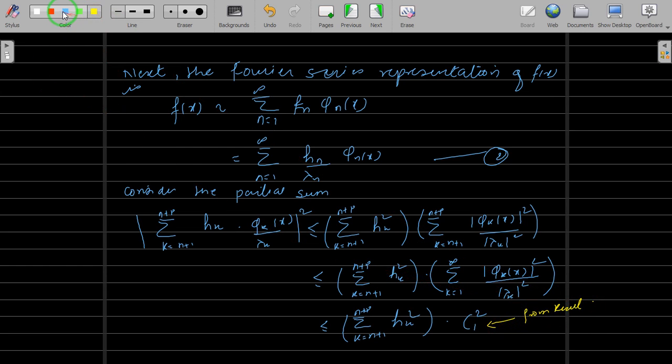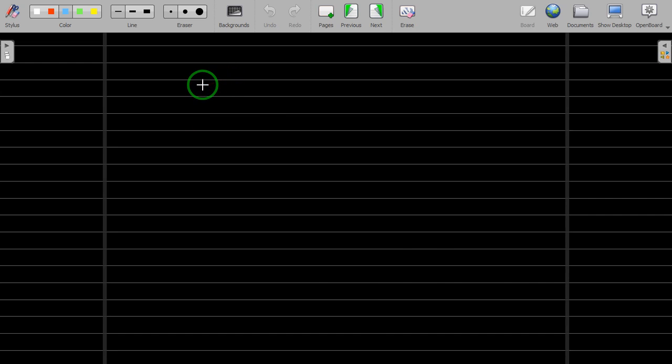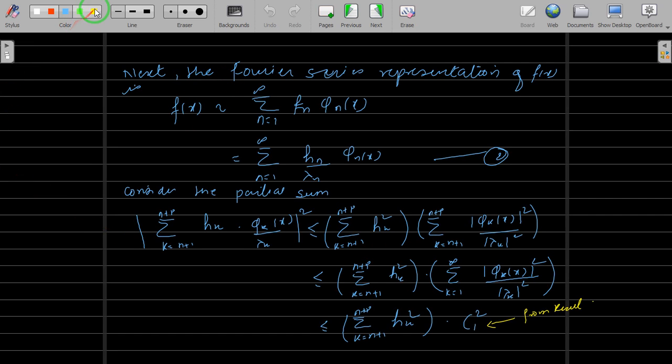And this function h is an L2 function, that is what we know. So as h belongs to the L2 class, this can be made arbitrarily small.